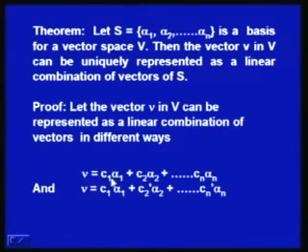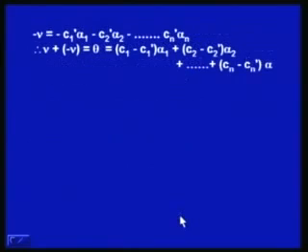So we write v as C1 alpha 1 plus C2 alpha 2 plus ... plus Cn alpha n. At the same time, we have another set of coefficients C1 dash, C2 dash, ..., Cn dash, so that v is C1 dash alpha 1 plus C2 dash alpha 2 plus ... plus Cn dash alpha n. If this is possible, then we can multiply the second equation by minus 1. So we will have minus v equal to minus C1 dash alpha 1 minus C2 dash alpha 2 minus ... minus Cn dash alpha n.